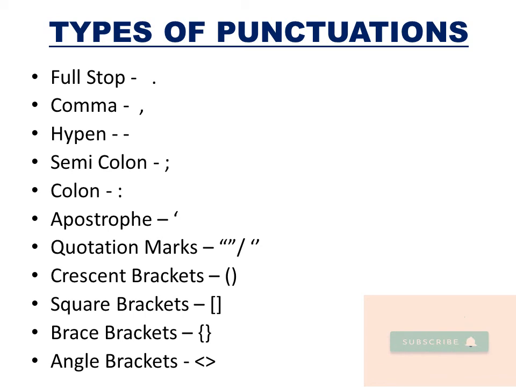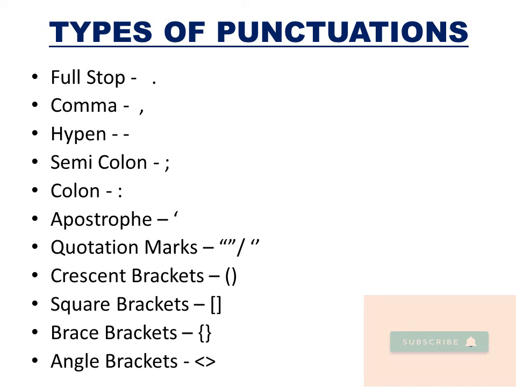Then comes crescent brackets. There are already 4 kinds of brackets, but crescent brackets are the simple forms of brackets that we use most of the time. They can be used to enclose an abbreviation, or to enclose a translation, or biographical references can be there.